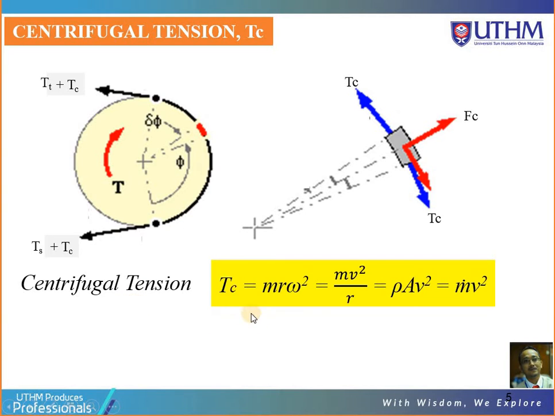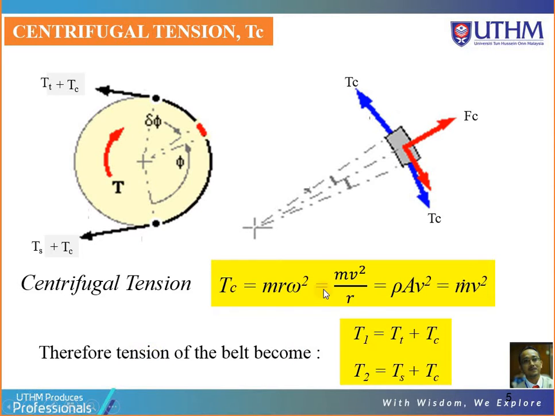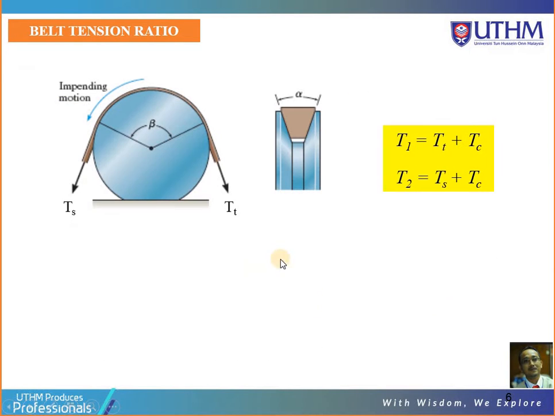So the centrifugal tension Tc is known as rho A V squared, or m dot V squared, where rho is the density and A is the cross-sectional area of the belt. Therefore, this one has become T1 and this one has become T2, where T1 is equal to Tt plus Tc and T2 is equal to Ts plus Tc.